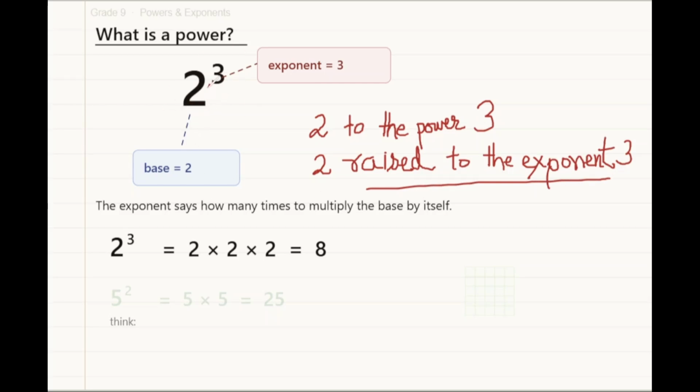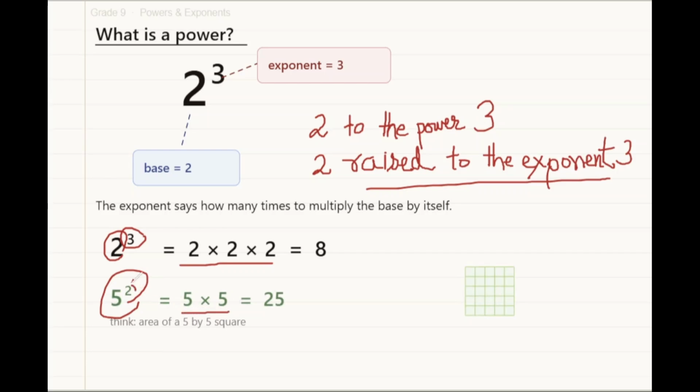It tells us how many times to multiply the base by itself, right? So here, if we see 2 to the power 3, that means the base is 2. So we are multiplying 2 how many times? The exponent, 3 times. Similarly, here 5 to the power 2 will tell us we have to multiply the base how many times? 2 times, because the exponent is 2.